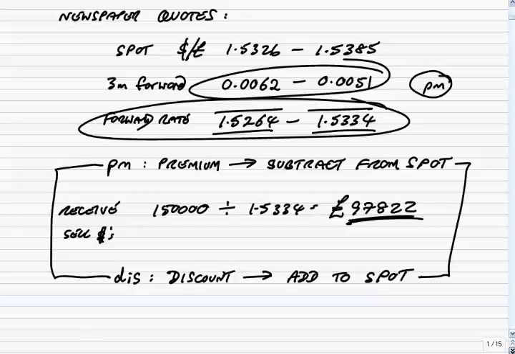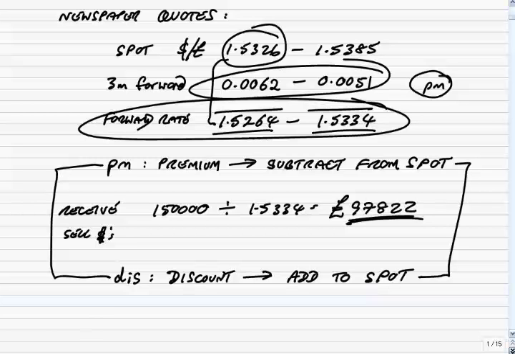The reason we subtract is this. Look at the original example. At the moment, just looking at the first rate, £1 is worth $1.5326. The forward rate that's quoted, £1 will only buy $1.5264. And what's happening is effectively they're quoting as though the dollar is strengthening. If the dollar is stronger, £1 will buy fewer dollars.